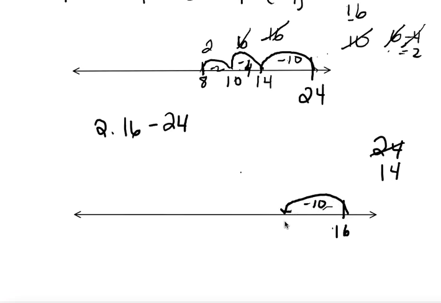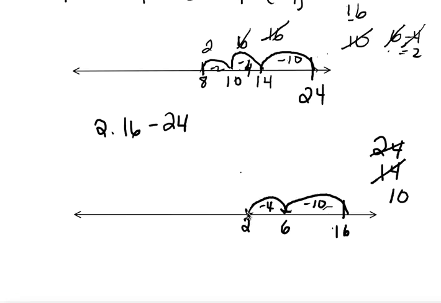Minus 10 gets me to 6. Now I'm going to take away this 6. I can do it in steps again. A 4 first because it's 14. And here I'm at 2.